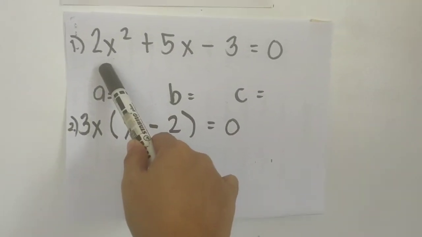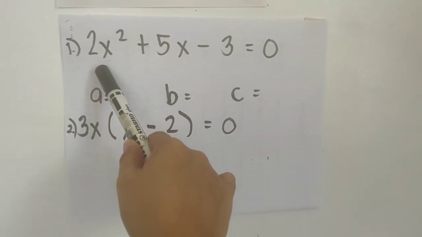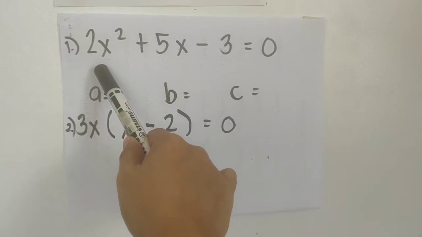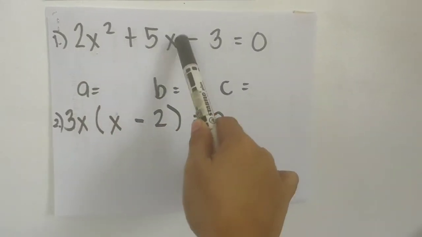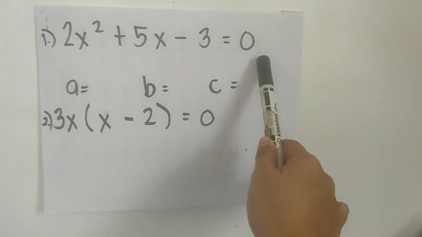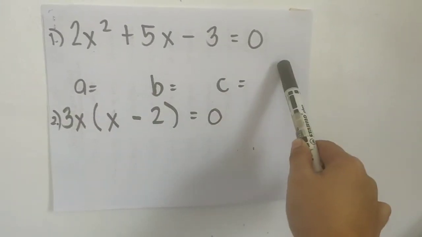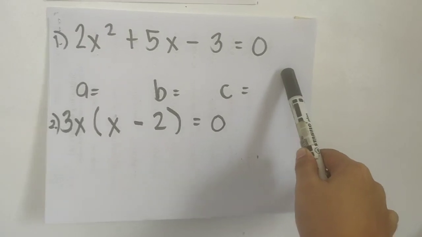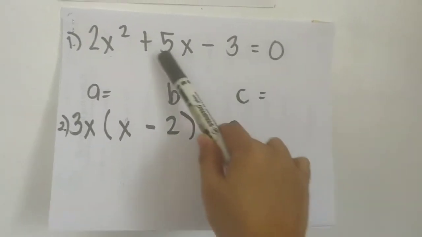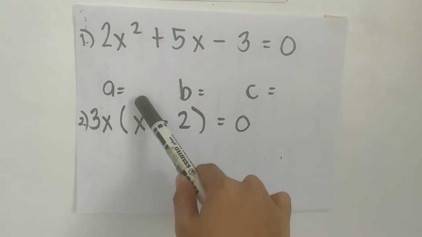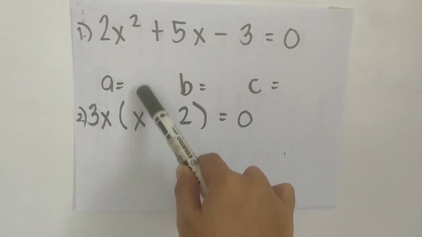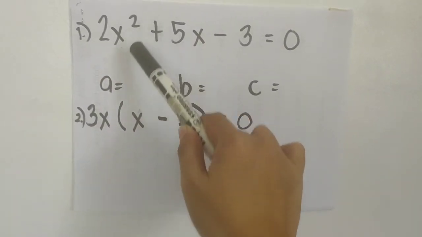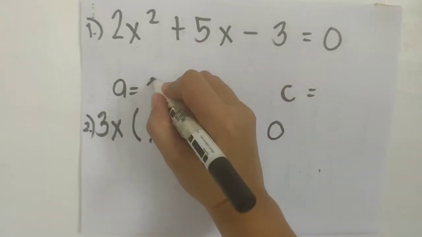So, since we have here in the form of standard form, kasi diba yung standard form natin is ax squared plus bx plus c is equal to 0. So, ibig sabihin yung number 1 is naka-standard form na siya. So, we can identify the values of a, b, and c. So, ito yung first term, yun yung a natin. Ano ba yung numerical coefficient ng 2x squared? We have here a 2.